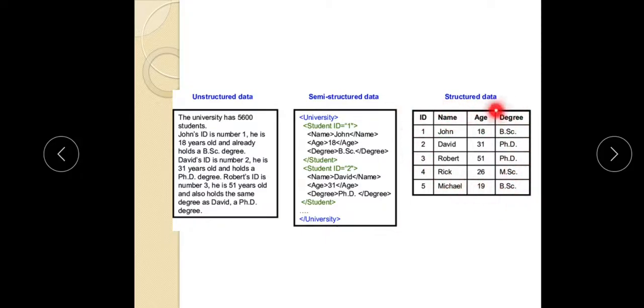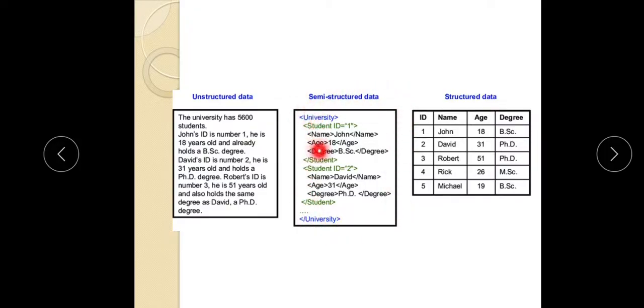The same data we are storing in semi-structured data. They don't have any organizational property like the relational database, but they are organized in such a way that we can analyze the data, though we cannot easily store or retrieve it. That is called semi-structured data.